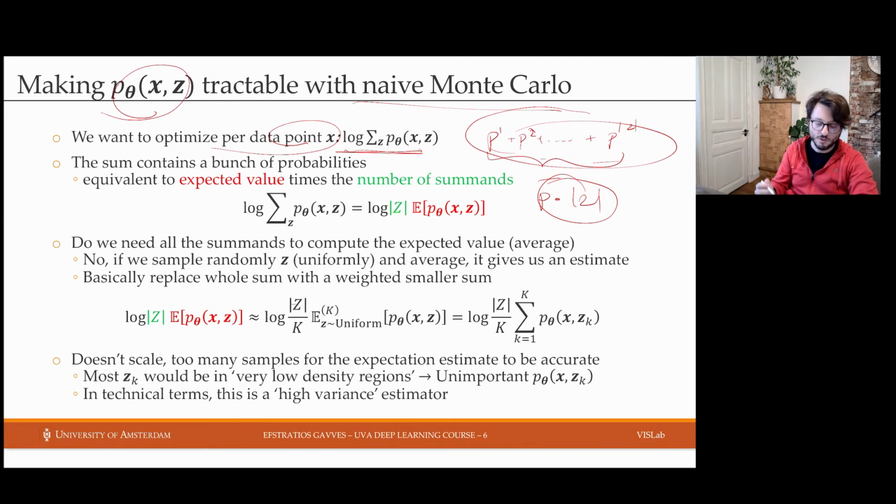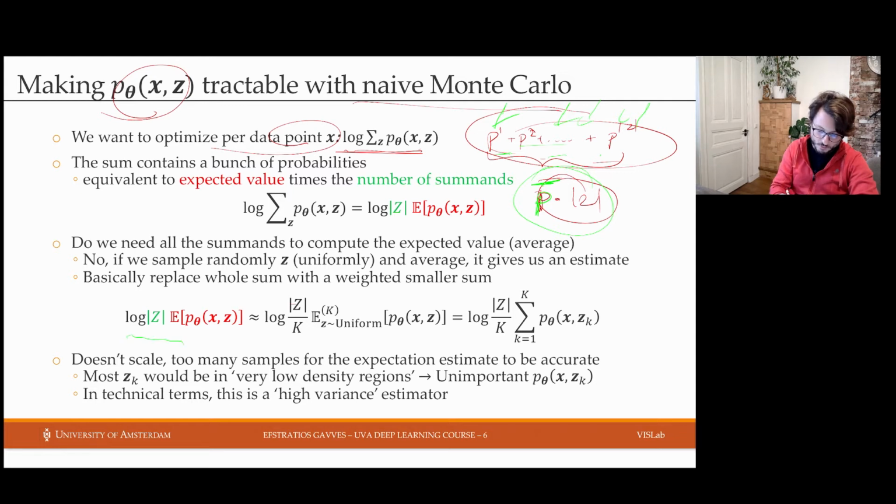So the idea with the naive Monte Carlo is that instead of computing the average, P bar here, using a very high number of combinations of z, we can sample a few, let's say 1, 2, 3, 4, 10, compute the average, and then estimate the final sum, of course taking into account that currently we use only a smaller set of items to compute the average.